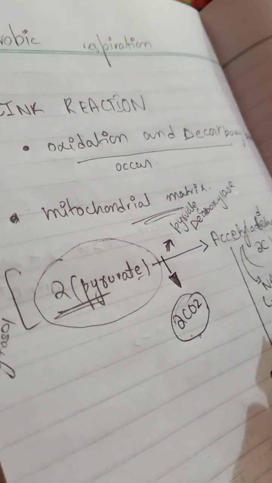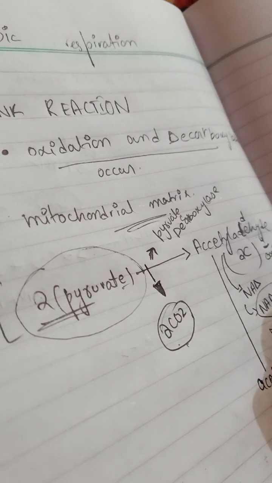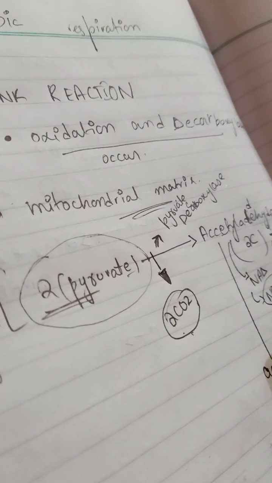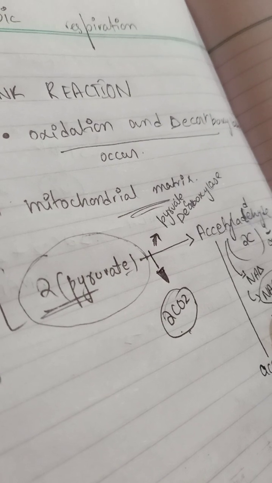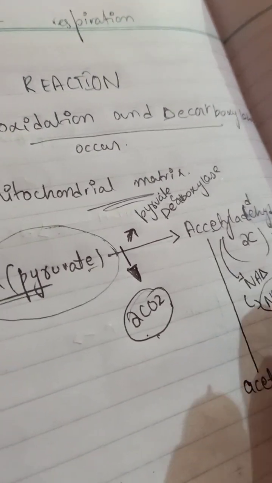So this process is called dehydrogenation, which means there is also the gaining of hydrogen by NAD.